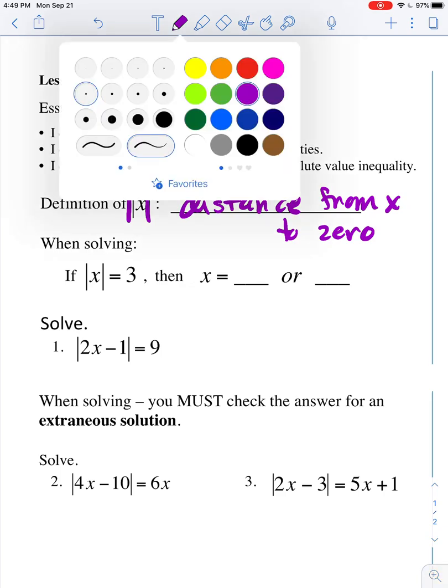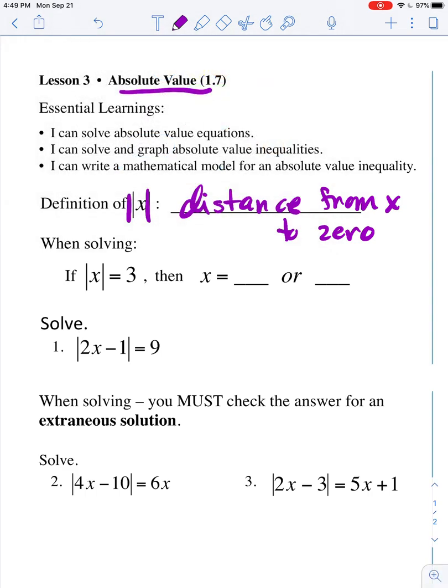Thinking about that, looking at something like this with a 3, you're saying, what is the distance from X to 0? Well, I'm looking for a distance of 3 from 0.